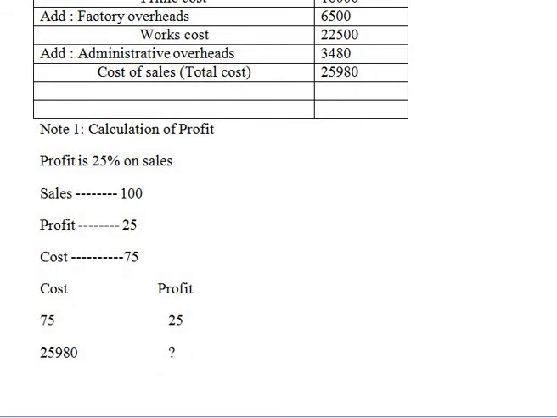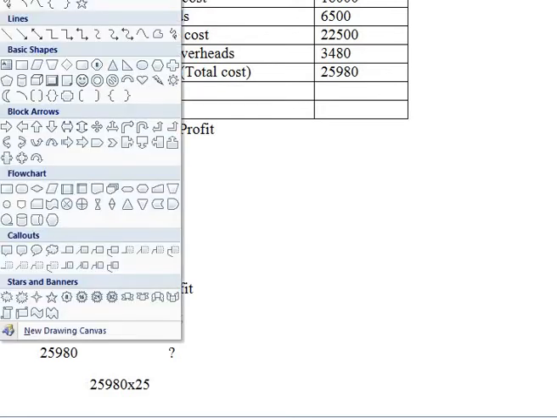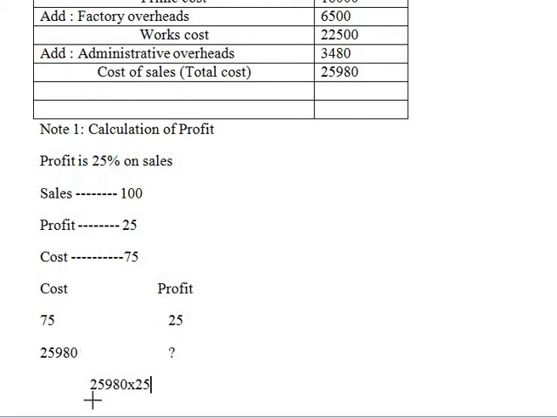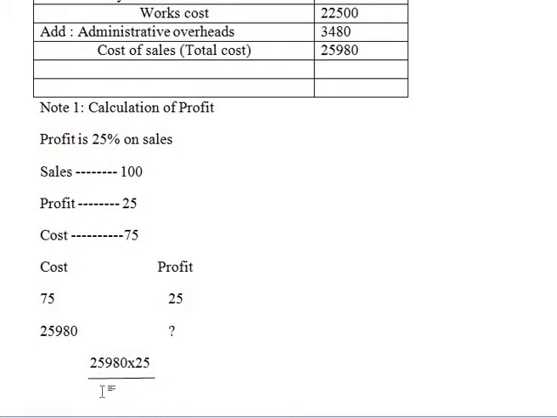That is, cross multiplication: 25,980 into 25, divided by cost.